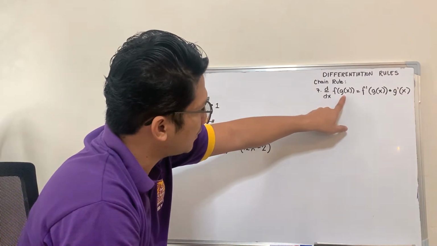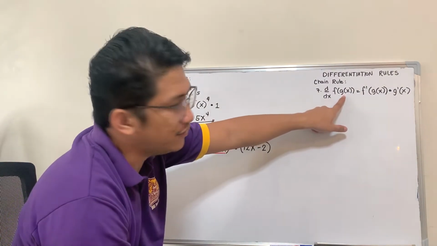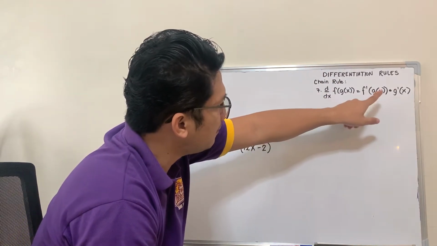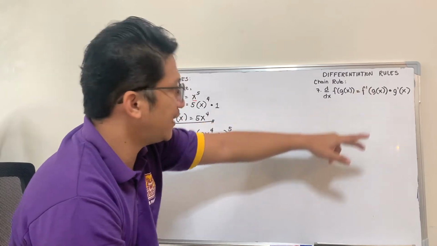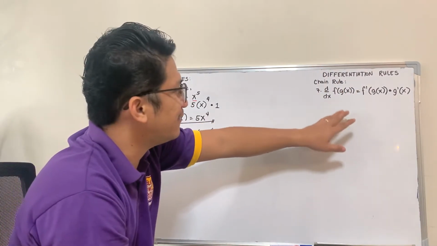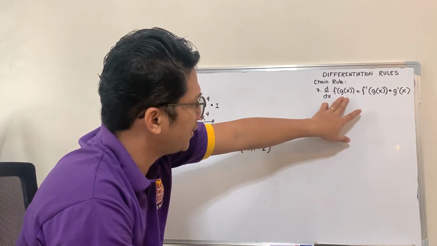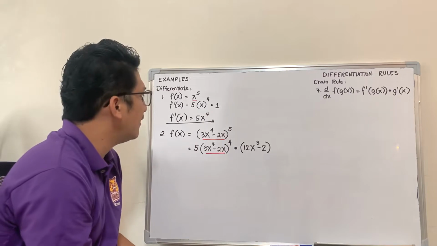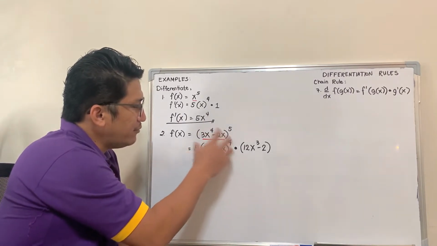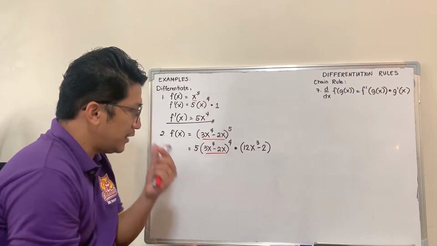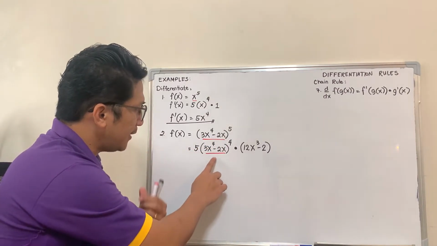F of g of x. So there's a function inside the function. First differentiate the whole function, then multiply it by the derivative of the function inside. That g of x is the function inside, which we differentiate as a chain. So we differentiate the whole using the power rule, and afterwards, we differentiate the base.